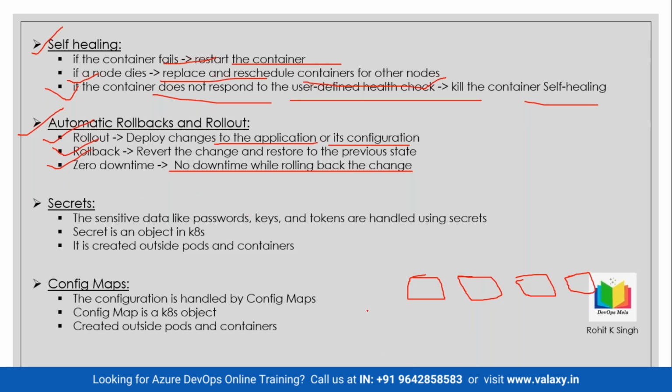Let's see that. Now you have version 1 installed on all these containers. Now version 1.1 needs to be installed. So Kubernetes will target this machine first. It will get you 1.1 on it, while all the other machines are still serving version 1.